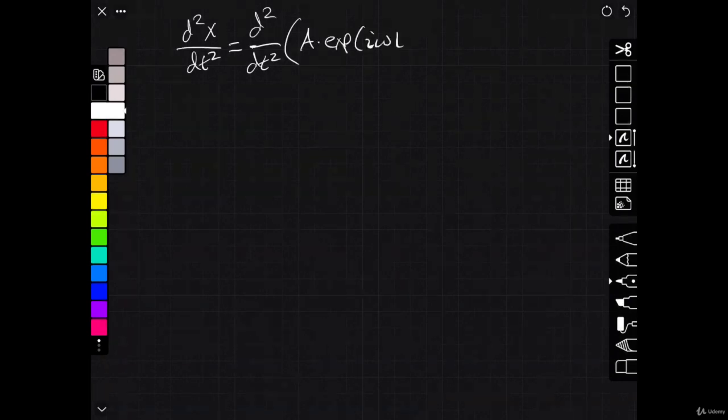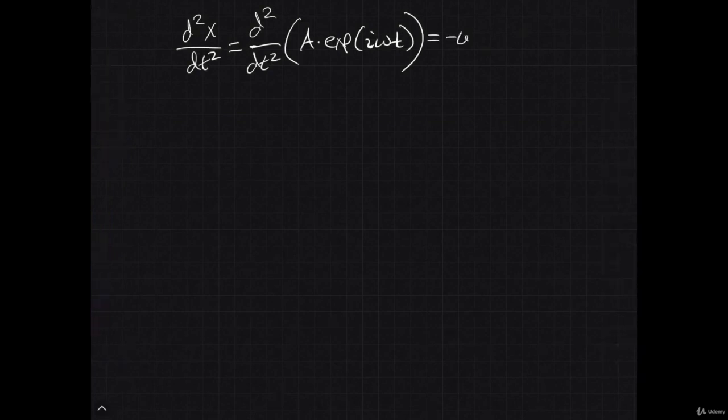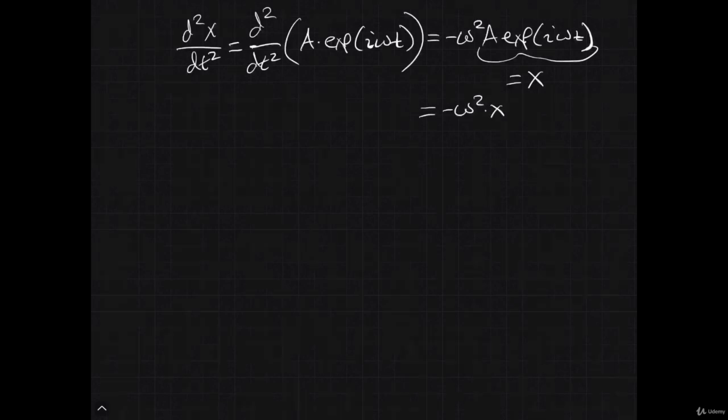So far so good. And of course this would all be equal to minus omega squared a times the exponential of i omega t. We know this is equal to x because we just defined that, and so we have minus omega squared times x. So the story is that d2x over dt squared is equal to minus omega squared times x. And so this is an eigenvalue problem here.